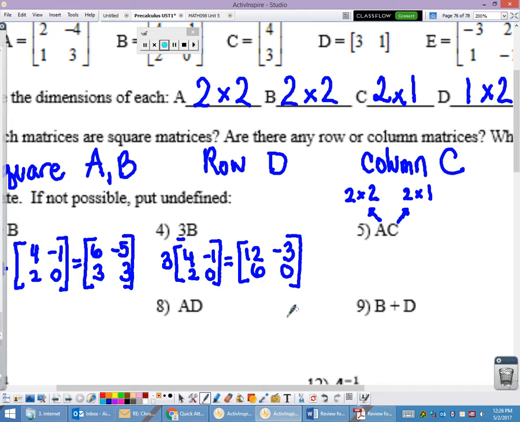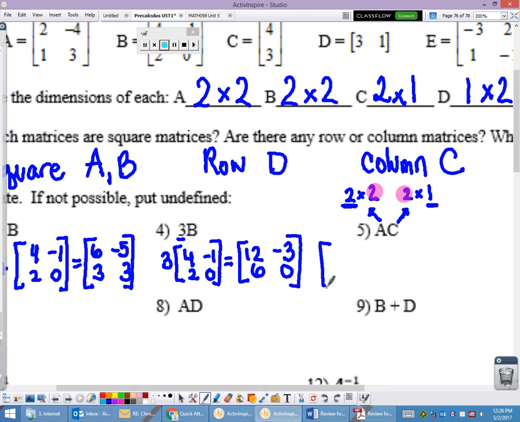So what you're looking for is to see if this number of columns matches this number of rows. And since they match, I know that I'm going to be able to multiply them, and my resulting matrix is going to be 2 rows by 1 column. So I'm going to have 2 rows for my final answer, and I'm going to have 1 column.